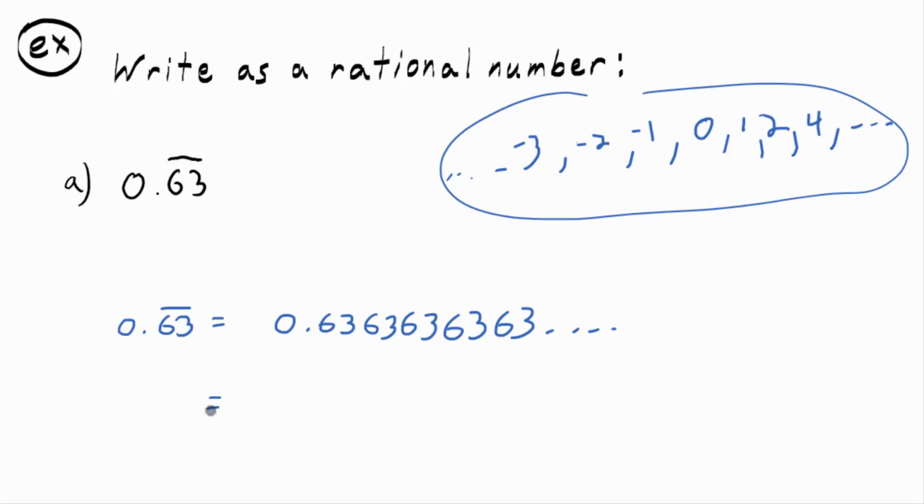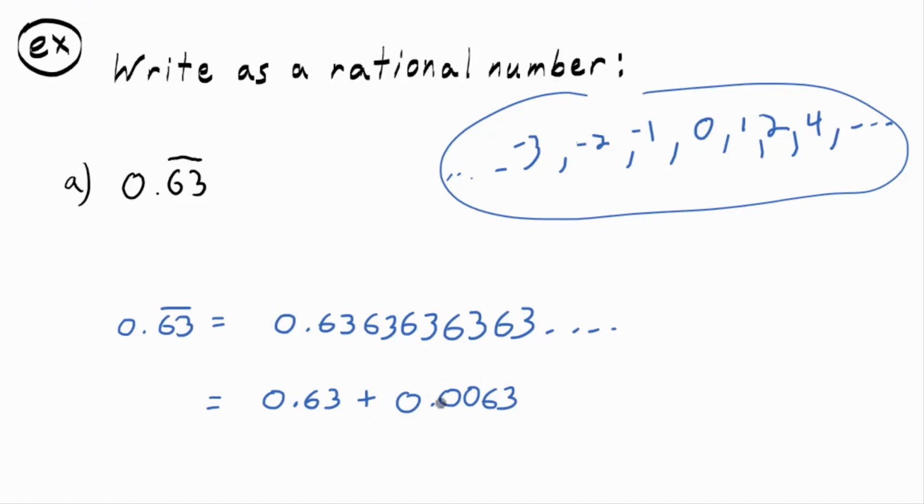So here we have 2 digits repeated. So you have to start by writing out 2 digits. So 0.63 is your first term. And then you have to fill up to get the infinite series such that when you add it back together, you get 0.63 repeated back. You have to put 2 zeros in because you have 2 digits being repeated, and then a 63.